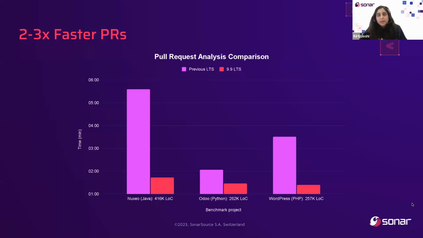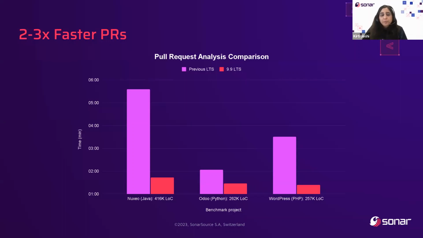The other thing that we added that I want to go over is, if you're doing Git-based development, you'll notice that your first analysis on your branches is going to be much faster than before. We've made some changes in the way that we handle the initial blame data when we are doing our analysis, so you'll notice some significant improvements.